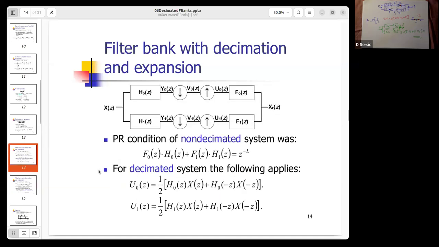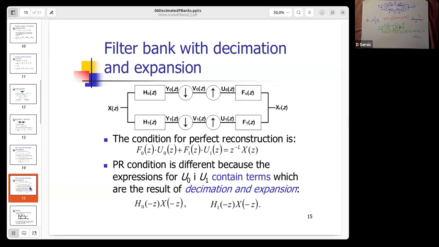So what we need is to get this equation again. It is hidden inside of our story, and right now we can do it like this. We need to get that f0 times u0 plus f1 times u1 is equal to the original signal, eventually delayed.